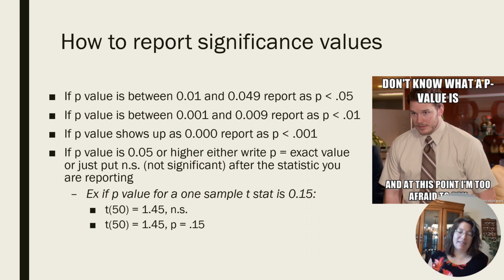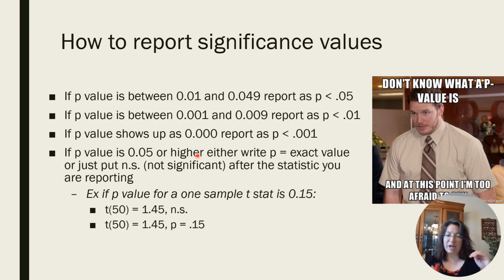The last thing I want to cover is how to report that significance value. So if the p-value is between 0.01 and 0.049, we report it as p is less than 0.05. All right? If it's between 0.001 and 0.009, we report it as p is less than 0.01.